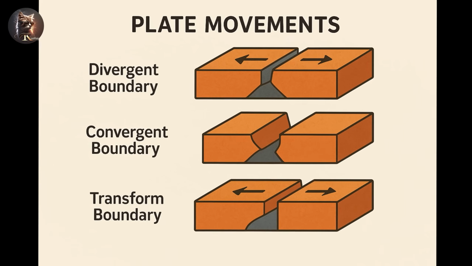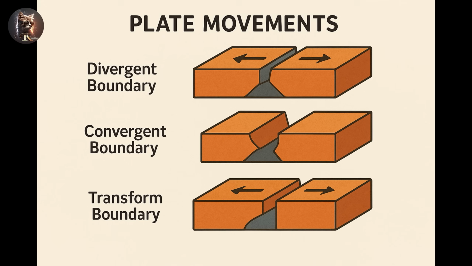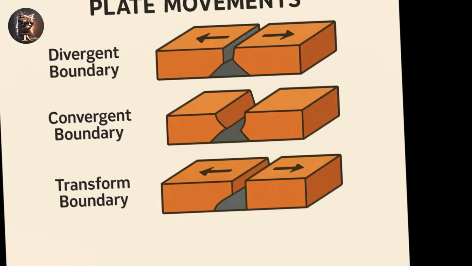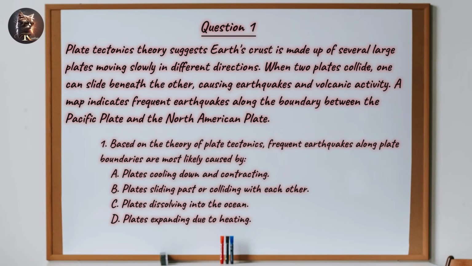Imagine 2 giant puzzle pieces rubbing together. Eventually, they'll catch or get stuck, and when they suddenly move again, they cause vibrations. Those vibrations are earthquakes. So, looking at these options, what makes the most sense? If you chose B, plates sliding past or colliding with each other, you're exactly right. That's what's happening when we feel an earthquake along plate boundaries.